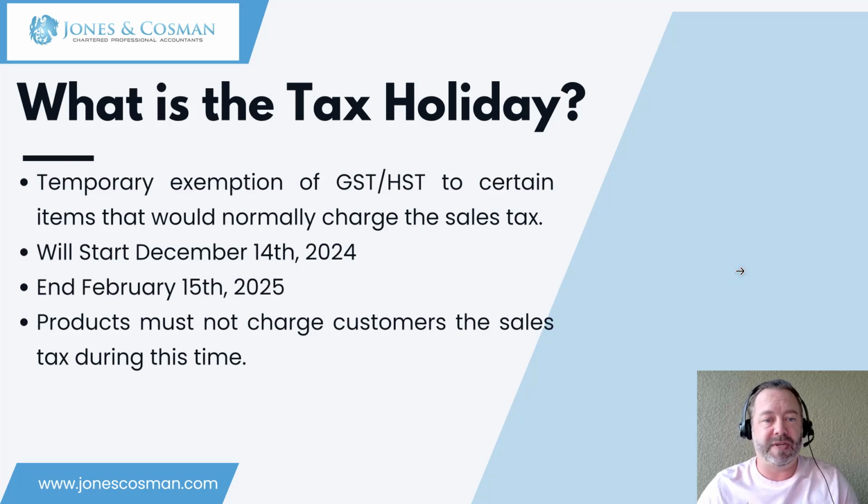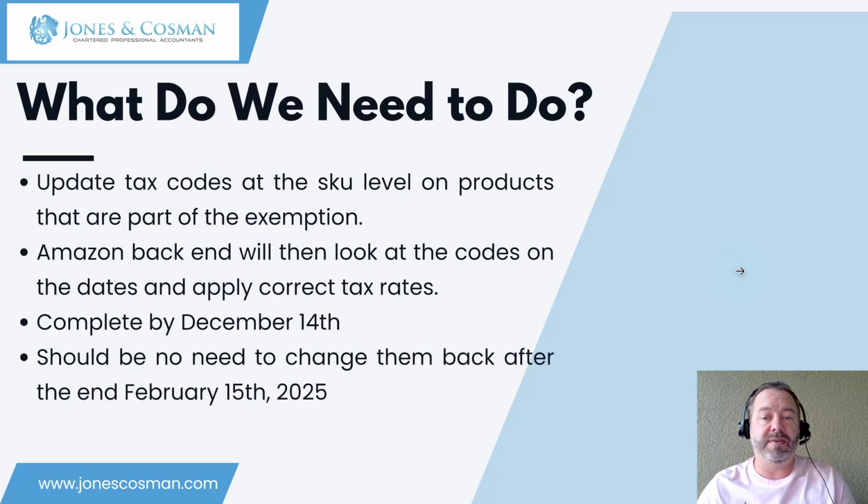So what do we need to do as Amazon sellers? We need to update the tax codes at the SKU level on products that are part of this exemption. Once we update the tax code, Amazon's backend, when it switches over to those dates, will apply the correct rates based on the ship-to provinces, just like normal, and everything should be fine.